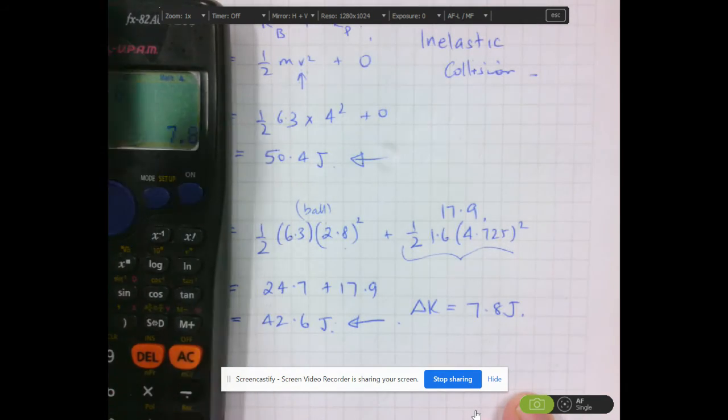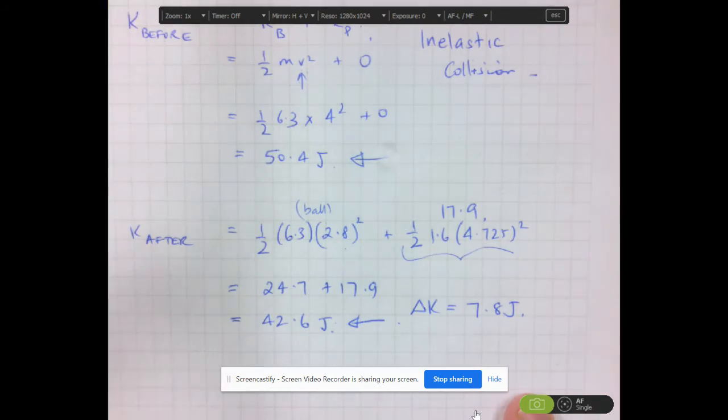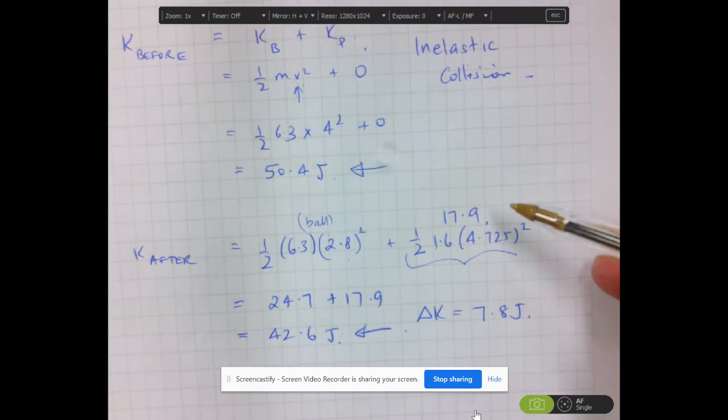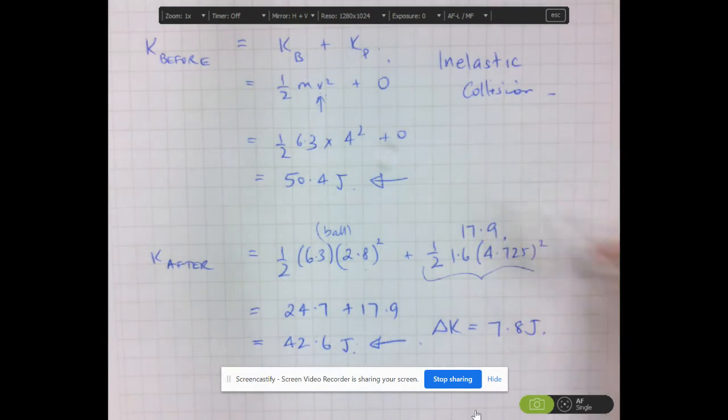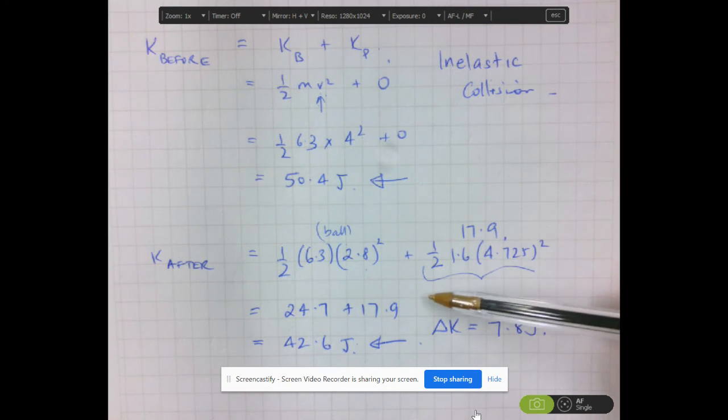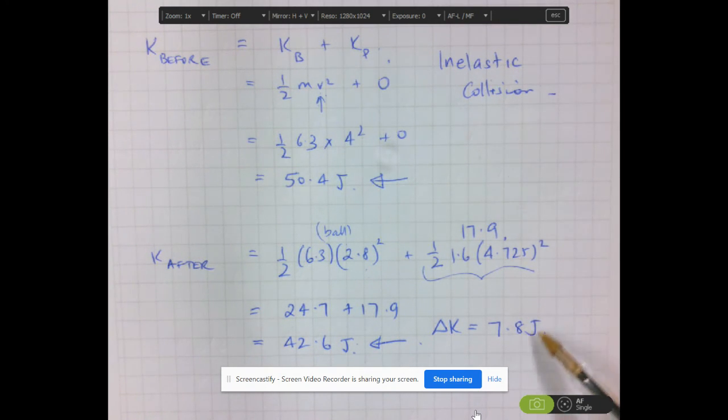Okay, so we've lost 7.8 joules of kinetic energy. Remember, energy must be conserved, but kinetic energy doesn't have to be conserved because it is transferred or transformed. So where has this energy gone? We've lost 7.8 joules of kinetic energy. So it must have gone somewhere. It must have been transformed into something.